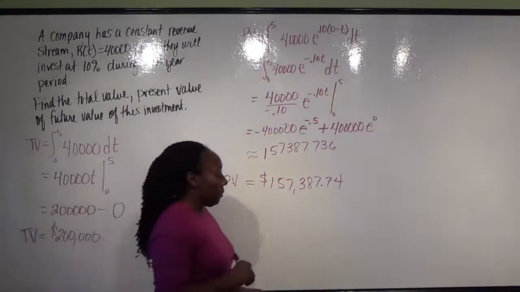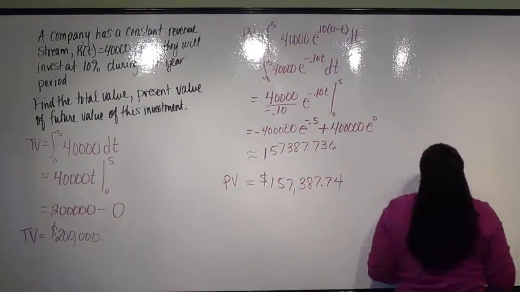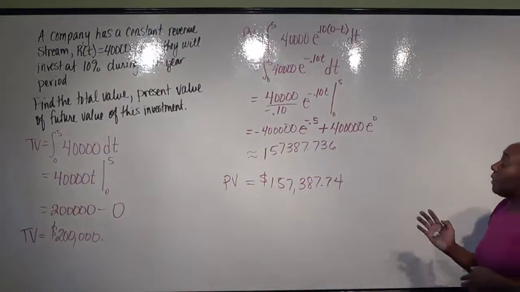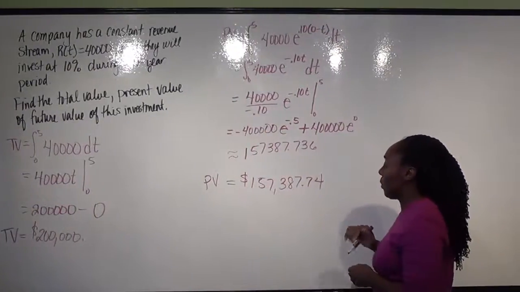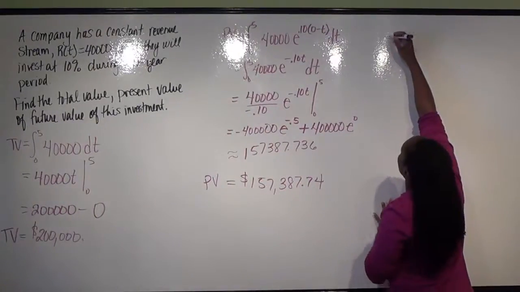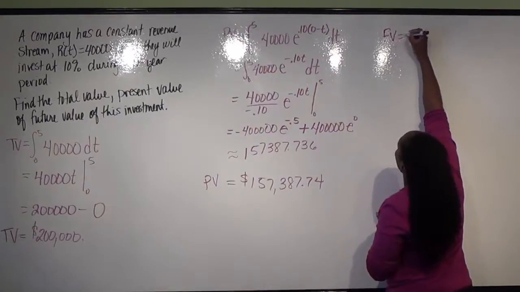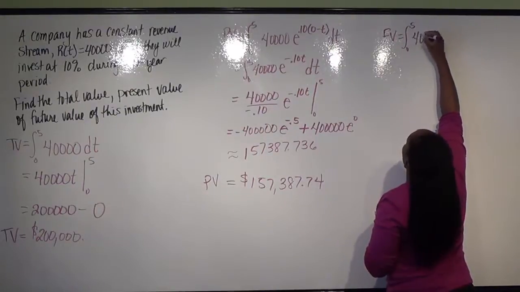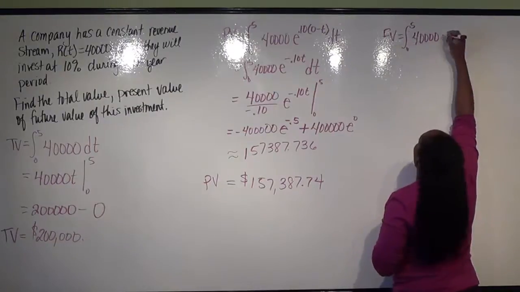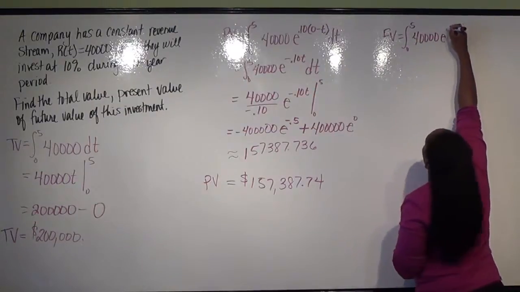Now we can do the same thing with our future value. Okay. And again, the future value formula looks very similar to what we just did for present value. The main difference is when I go to set up my integral, again, that exponential is going to change a little bit.